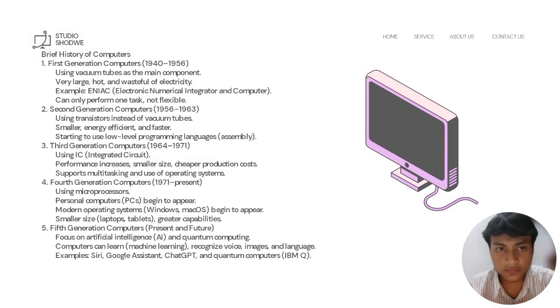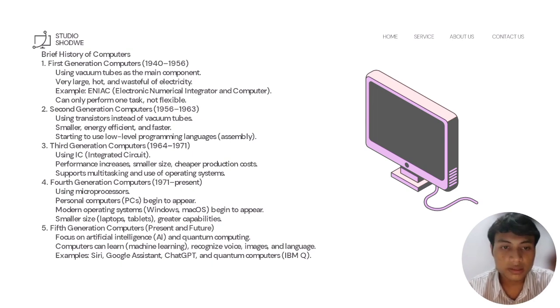Brief history of computer. First generation computers used vacuum tubes as the main component, very large, hot and wasteful of electricity. Example: ENIAC, Electronic Numerical Integrator and Computer, and the computer can only perform one task, not flexible.